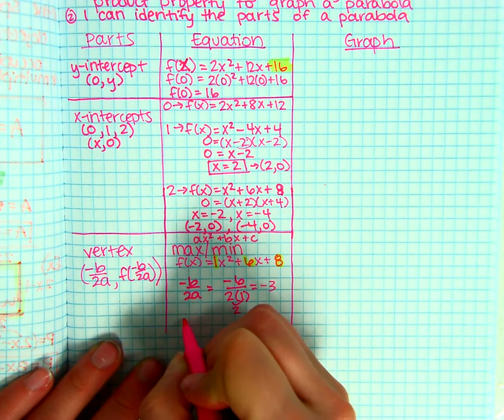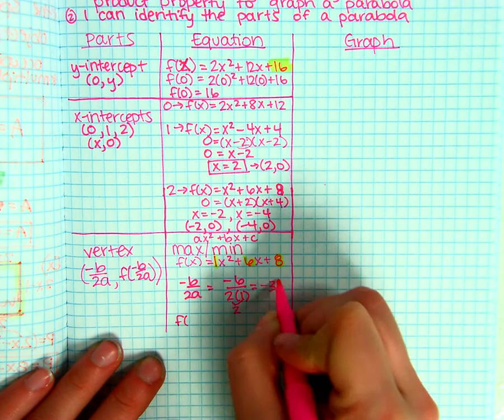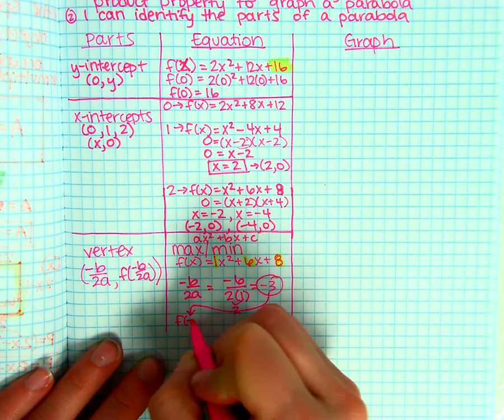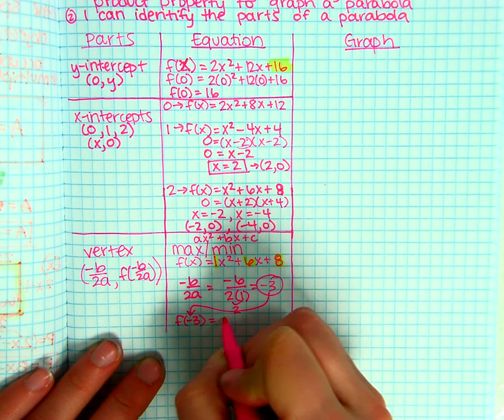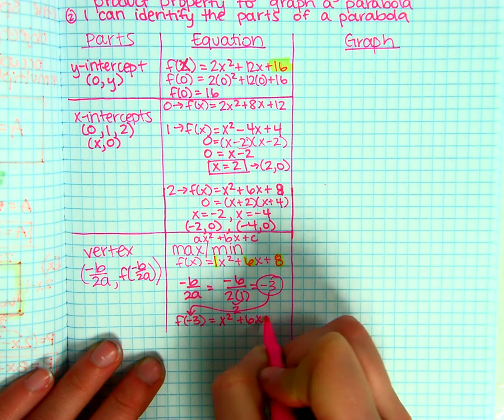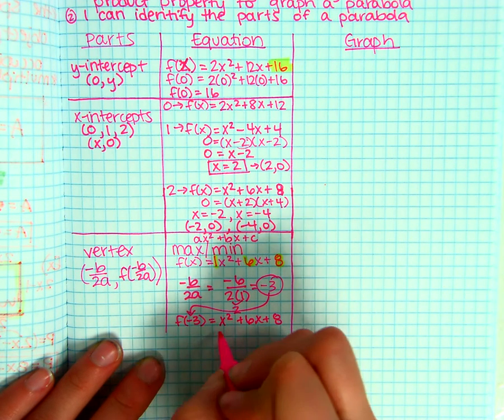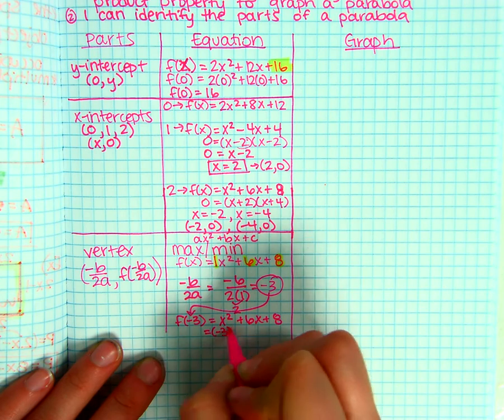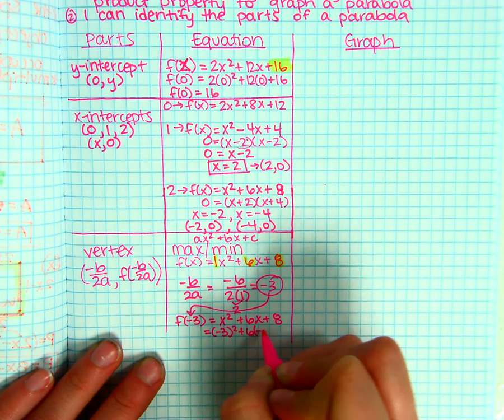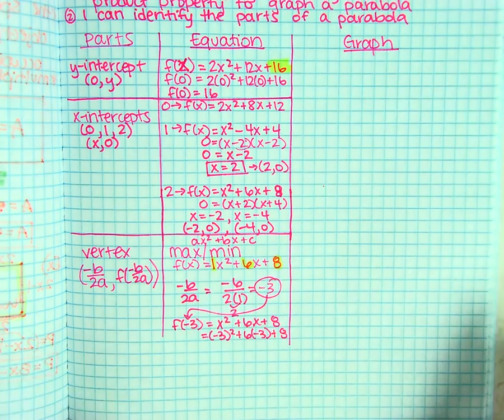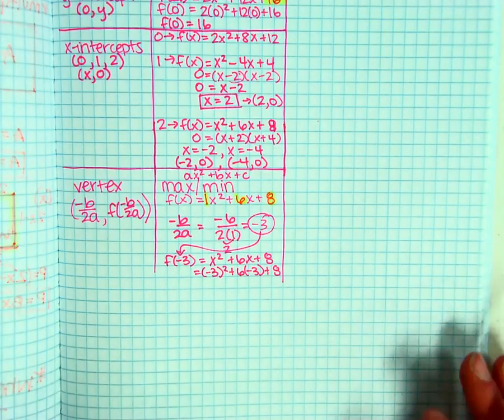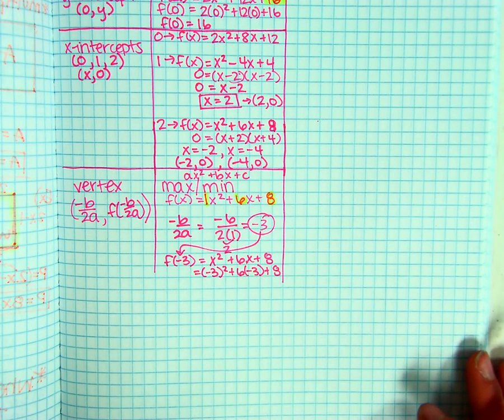Now I have to take f of whatever this is and solve for it. So I'm going to plug in negative 3 and evaluate what that would be.